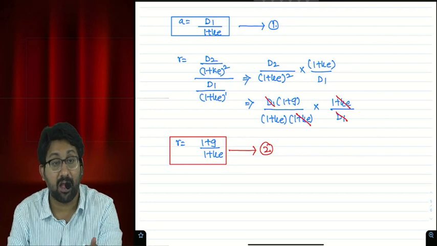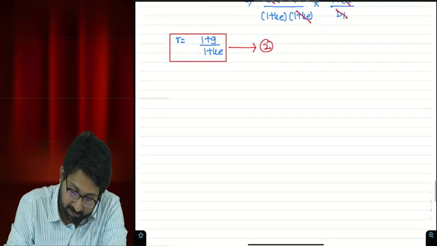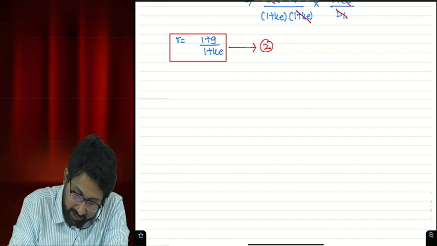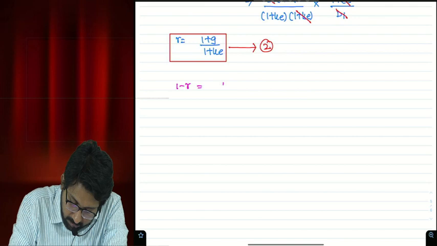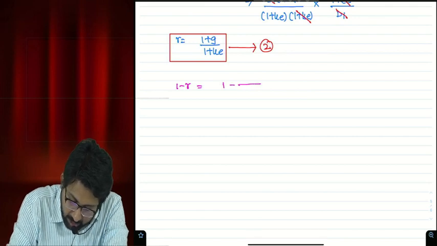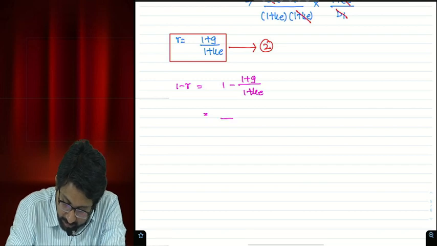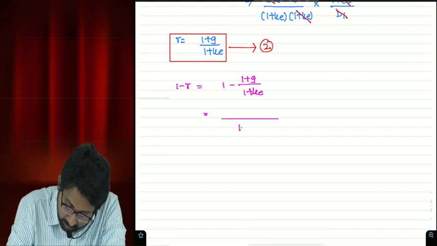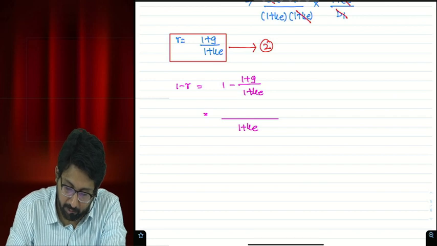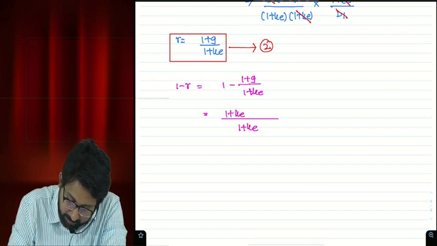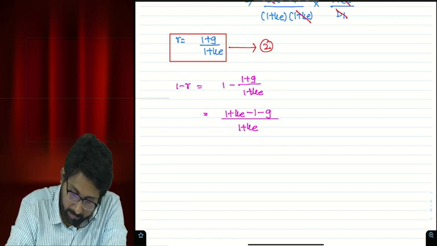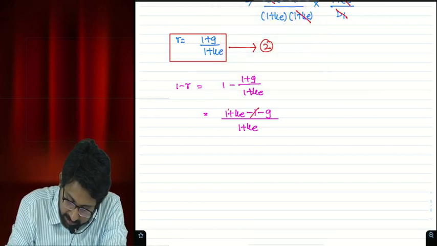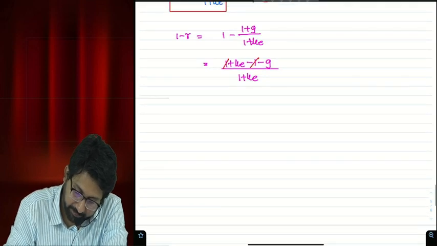We want A by 1 minus R. So now our task is to calculate 1 minus R, which is 1 minus (1 plus g by 1 plus ke). If you take the numerator, 1 plus ke minus 1 minus g, the 1 and minus 1 cancel each other.